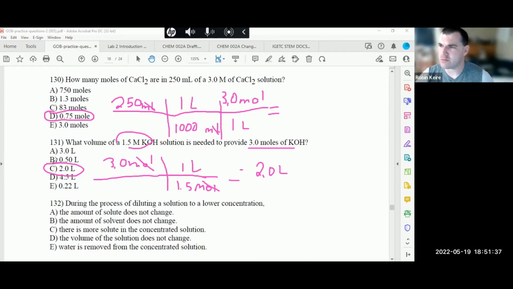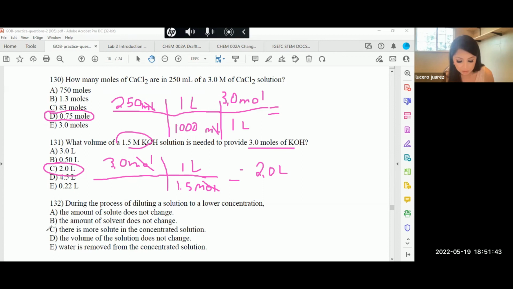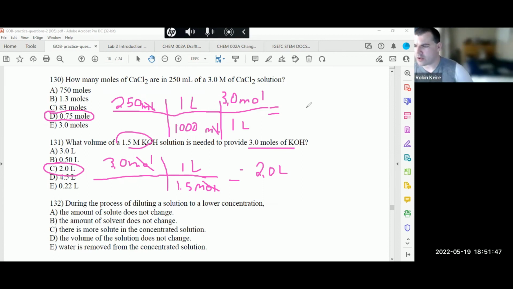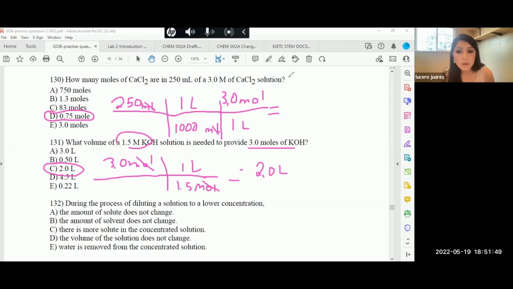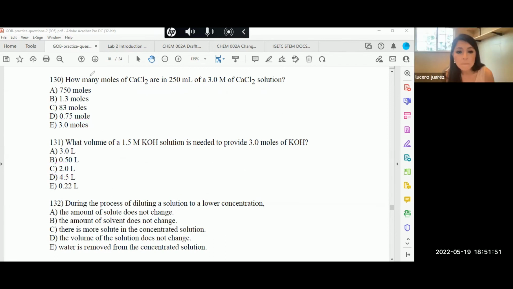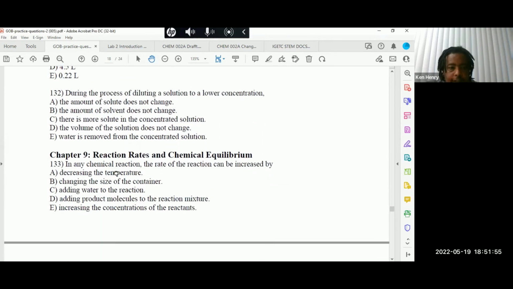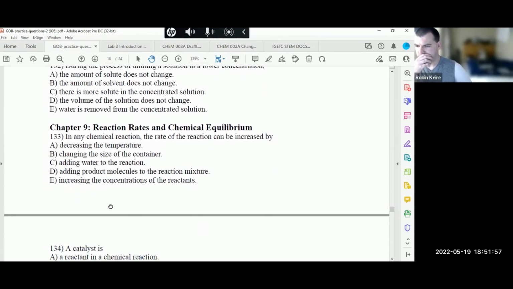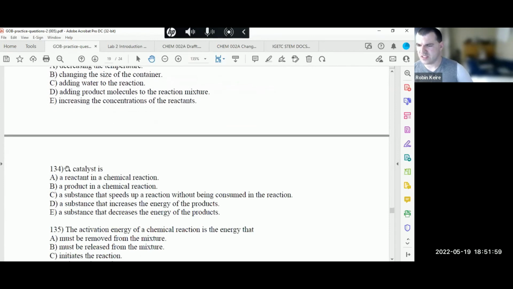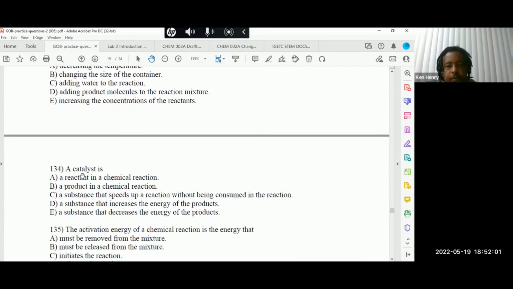So it basically speeds it up. And so would it be C? Which one are we looking at? 134. You moved to 134. Yeah. So a catalyst just basically speeds up the reaction.